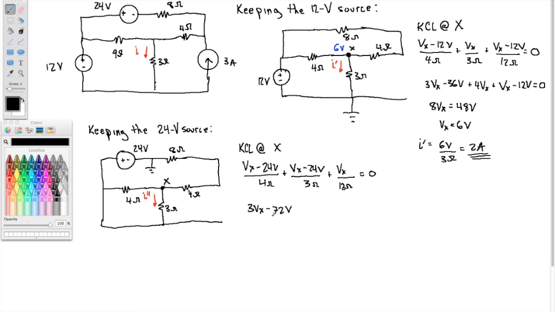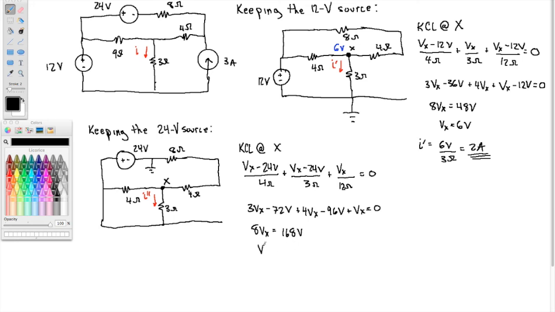It gives me 3Vx minus 72 volts plus 4Vx minus 96 volts plus Vx equals 0. Combine like terms, we got 3, 4, so this makes 8Vx, and I've got minus 72 and minus 96, and if I get that over to the other side, I've got 168 volts.